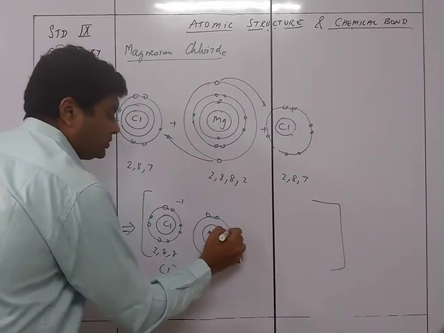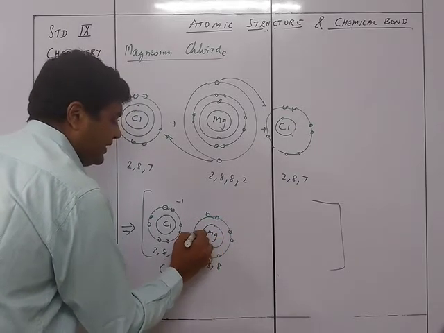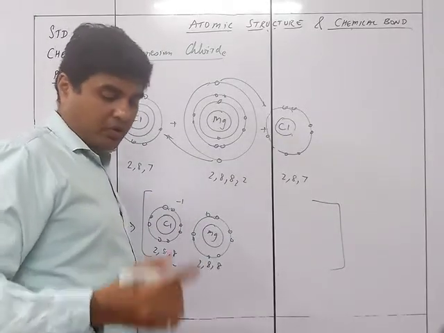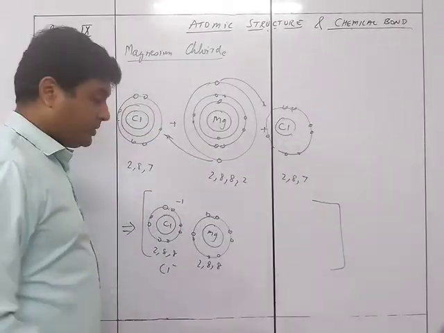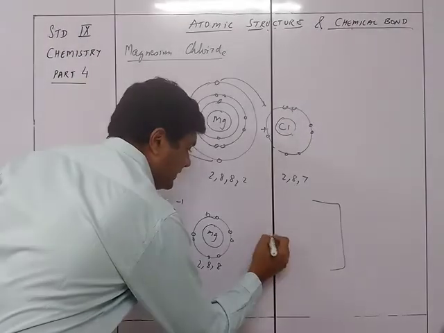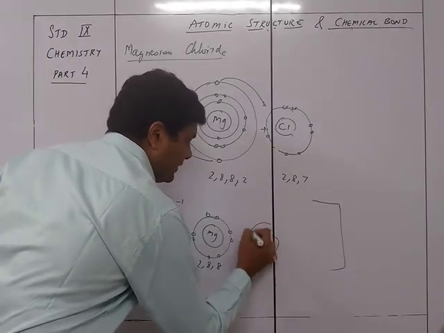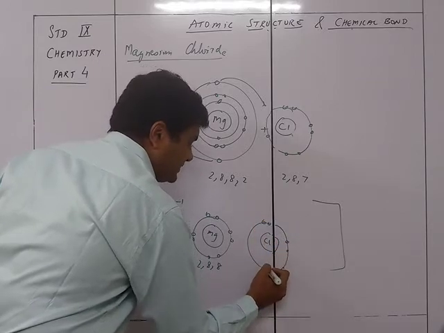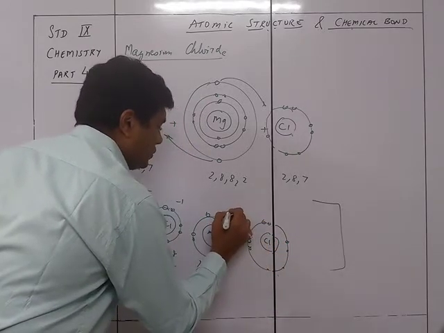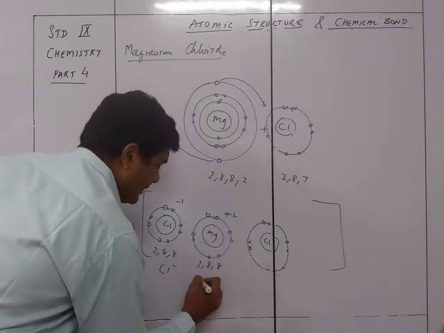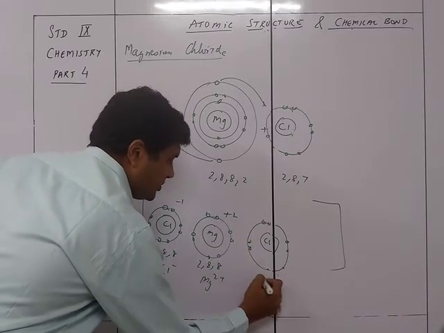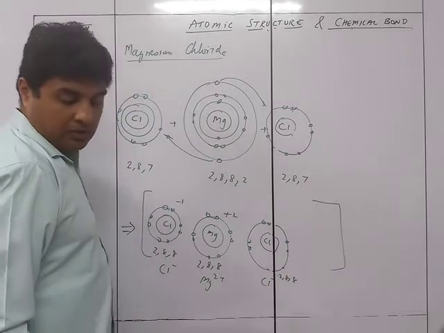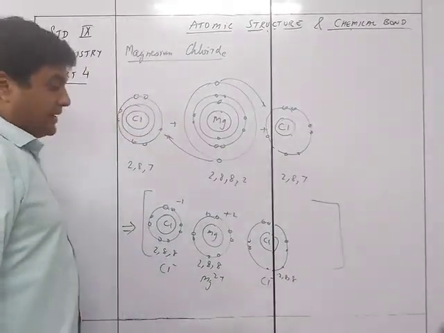Okay, there is 1, 2, 3, 4, 5, 6, 7, 8. I'm just drawing the outermost orbit. You'll have to draw the complete thing as per your textbook. And then there will be Cl again, with the outermost shell as 1, 2, 3, 4, 5, 6, 7, 8. This is Mg2 plus and this will be Cl minus, 2, 8, 8 like this. So that is magnesium chloride.